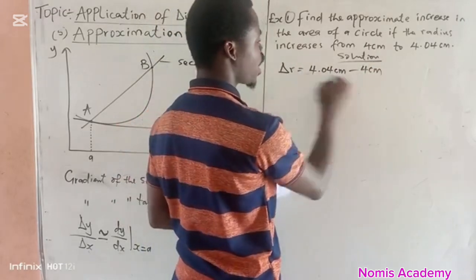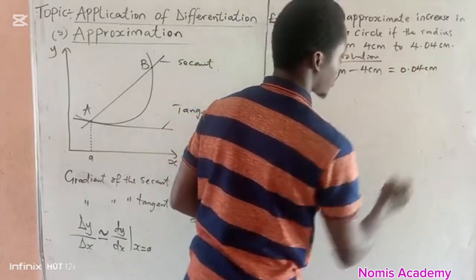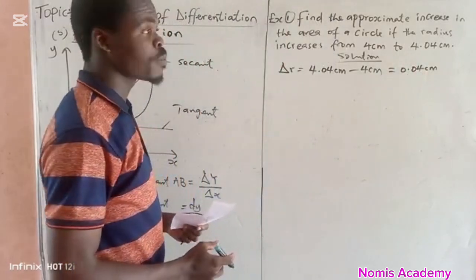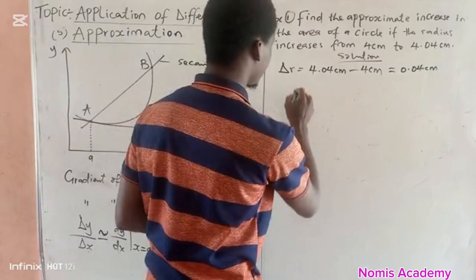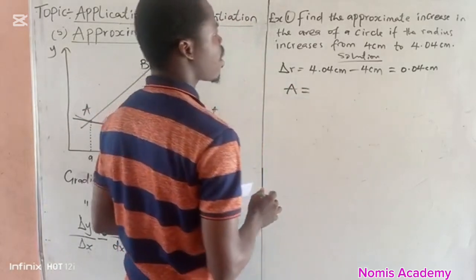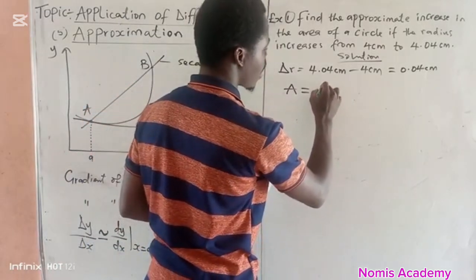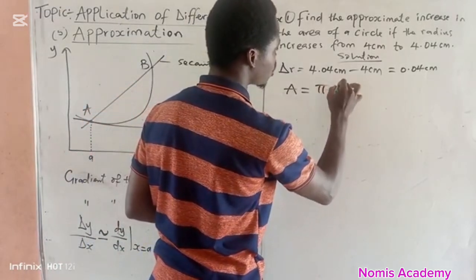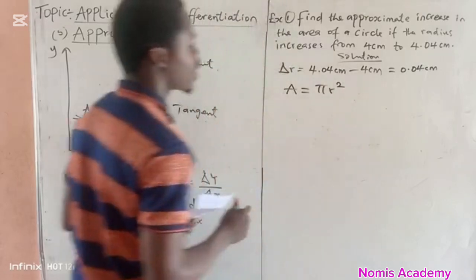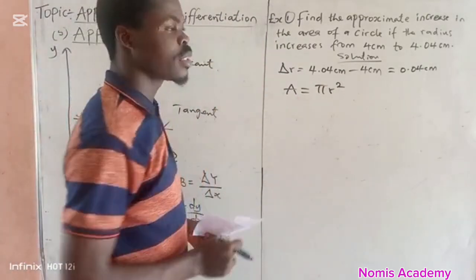So the change is 0.04 centimeter. We know that the area of a circle is pi r squared. That is the formula used in finding the area of a circle.